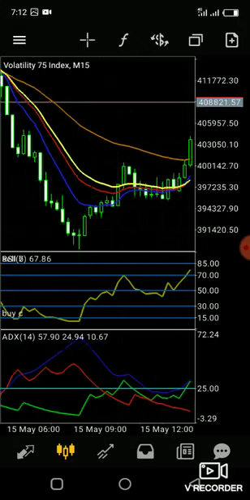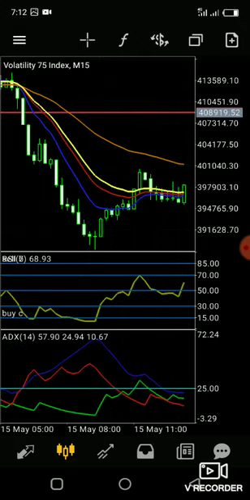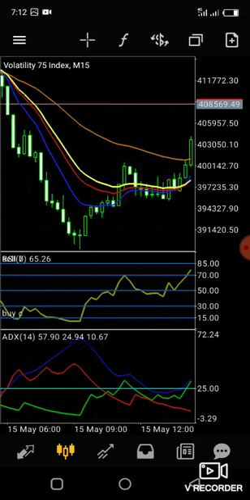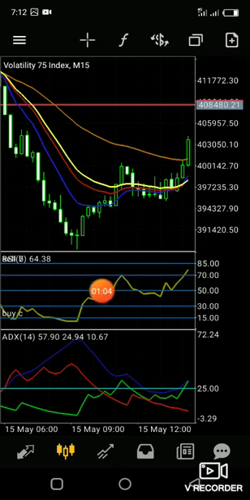So if you can see my screen right now, we're going to use some moving averages along with the relative strength index, which is on my second screen, and the ADX, the average directional index.